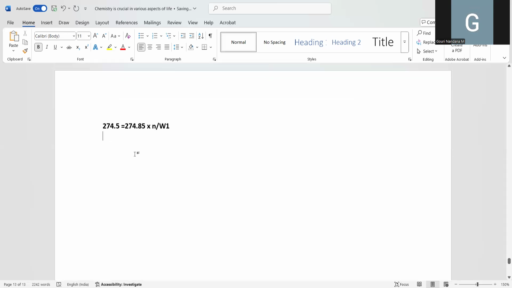Then again, using the same method that we used for the above question, N is equal to W2 by M.